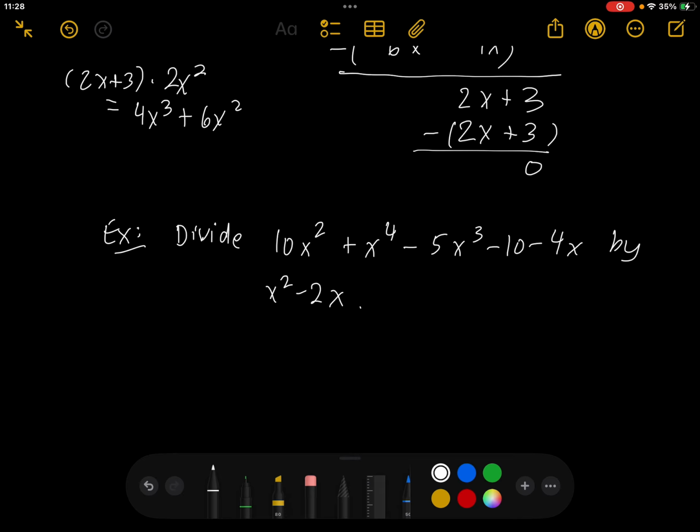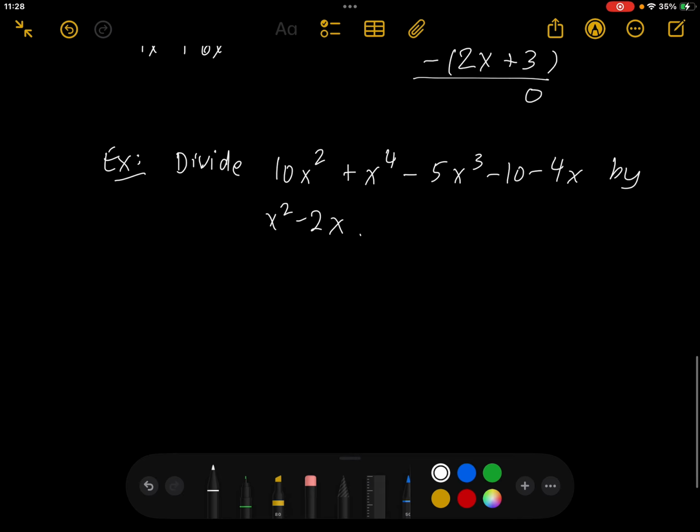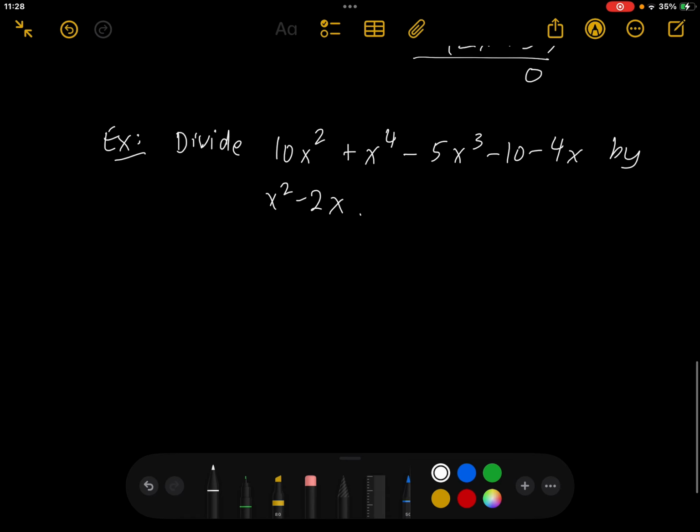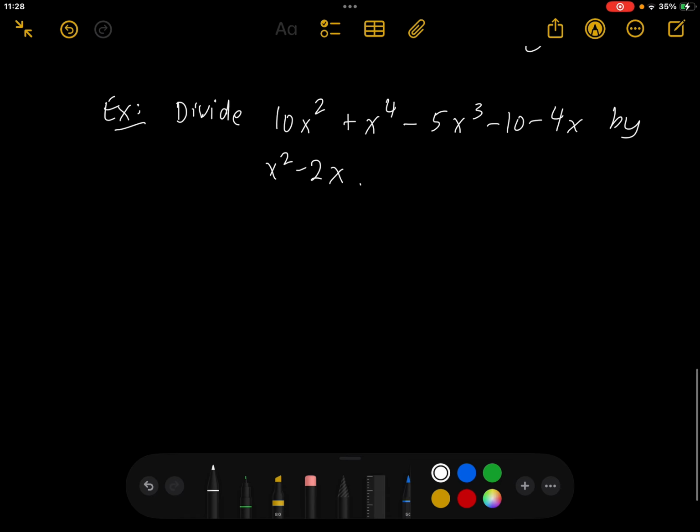Well, first of all, I noticed that the polynomial that I'm writing, the first one, it is a polynomial, it's just not written with the terms in descending degree. And in order for the division to work properly, you want to make sure that you write the polynomial with terms in descending degree. By the way, the thing that you're dividing is called the dividend.